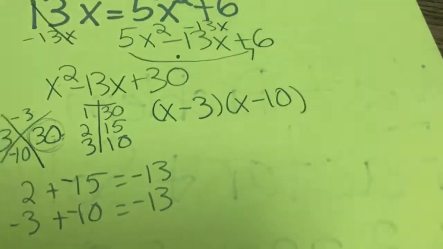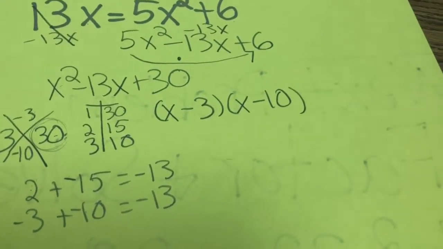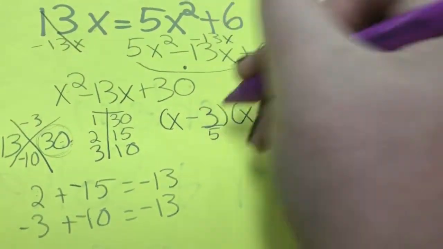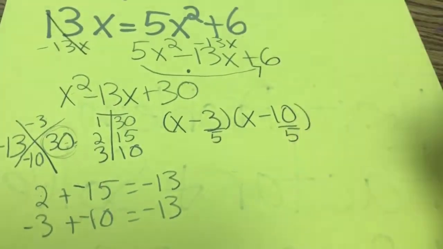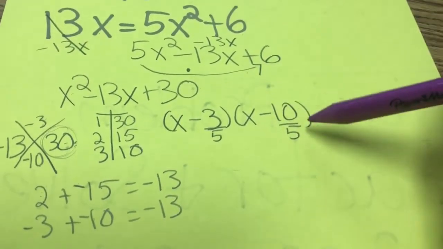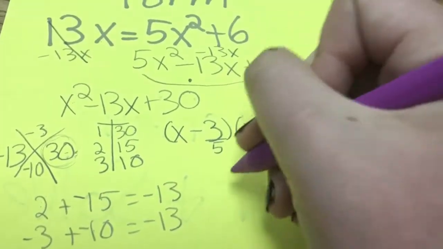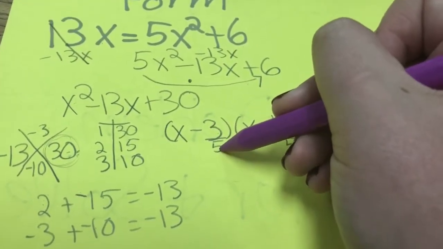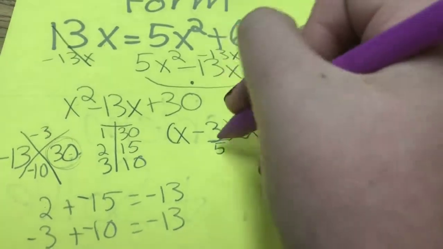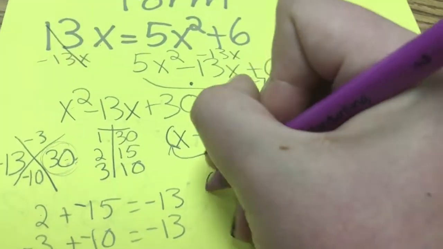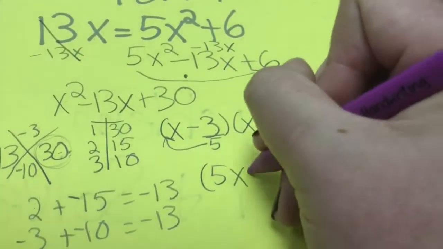Now, what about that 5 that we slid earlier? We cannot forget to divide by that number. Because we slid it, this is the divide part, slide and divide part. So, can we simplify to a whole number 3 over 5? No. So that 5 gets slid back over to the front. So we have 5x minus 3.